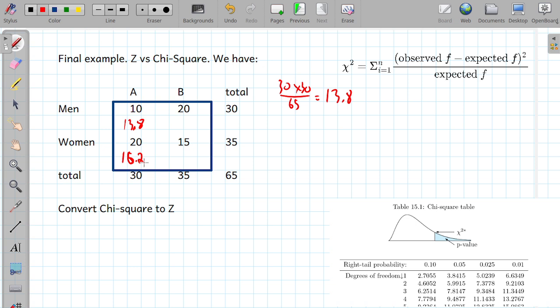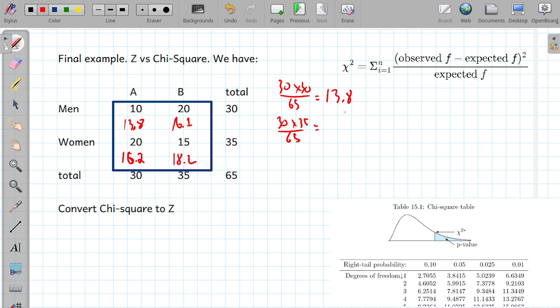And then over here, I've got 30 times 35 over 65. And what is that? 30 times 35 divided by 65 is 16.1. So if that's 16.1, and I subtract that from 35, I get 18.2.